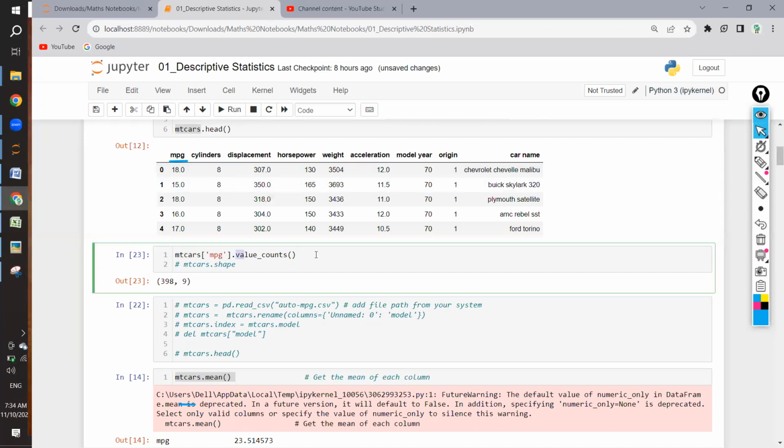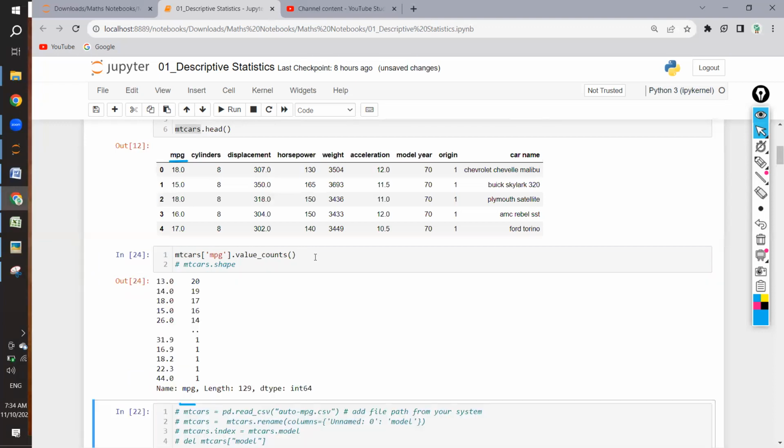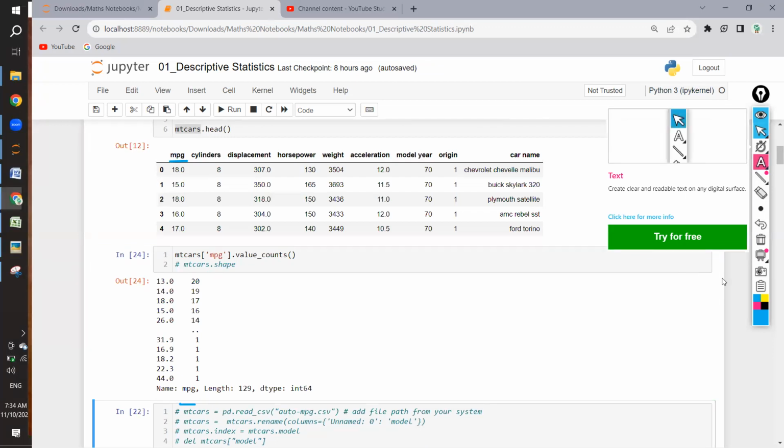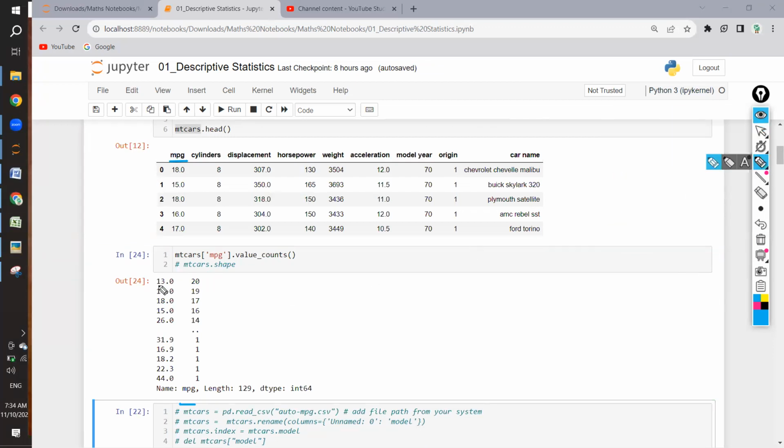We will see this when we study pandas, but now I will show you. As you can see here, 13 is repeating the most, 20 times. 14 is next with 19 times, 18 with 17 times. These are the actual numbers present in our data frame and the corresponding number of times they repeat. Clear, guys?